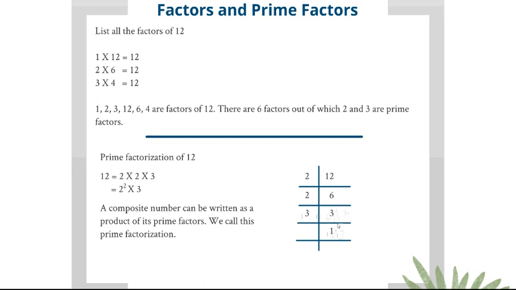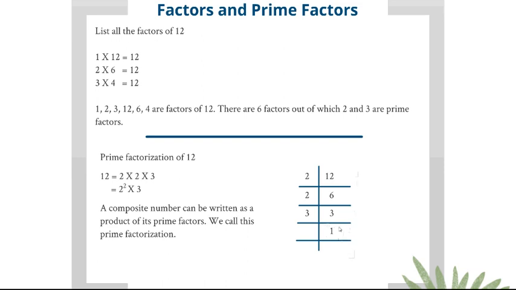When I see this 1 here, I will be very happy because this is the end of my division process. I reduce 12 to 1 through the division process. And once I hit a 1, my division process is complete.